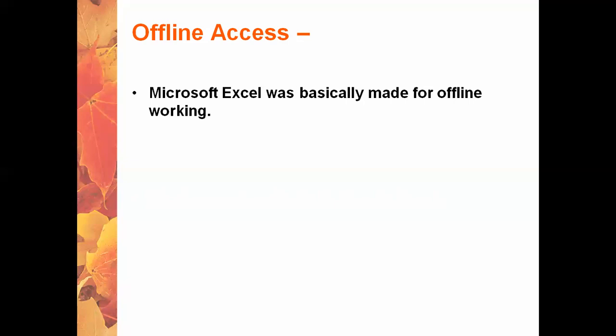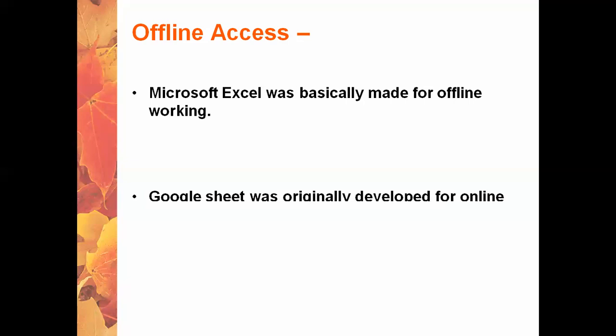So if we talk about offline access, Microsoft is there, but Google Sheet was originally developed for online access. So that is the difference. So here Excel wins. It means when you use Microsoft Excel, it will always be available when there is no internet. But in case of Google Sheet, this is not the case.